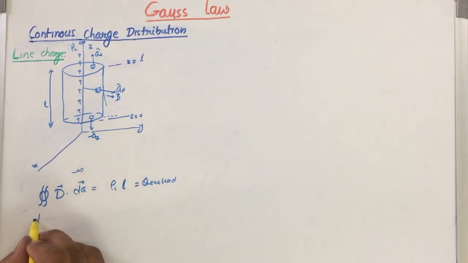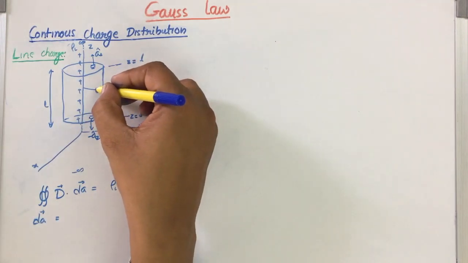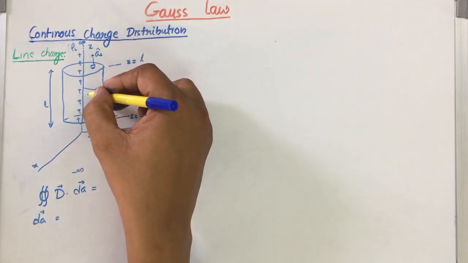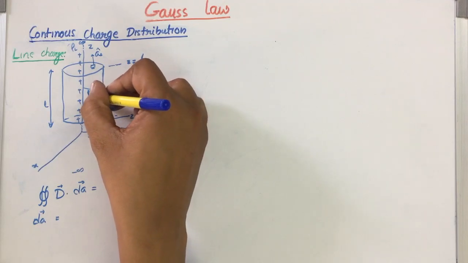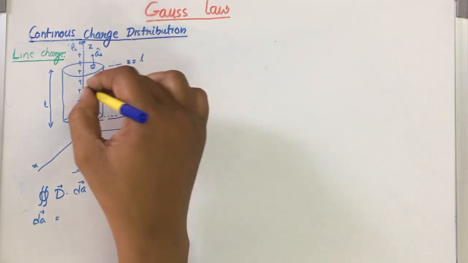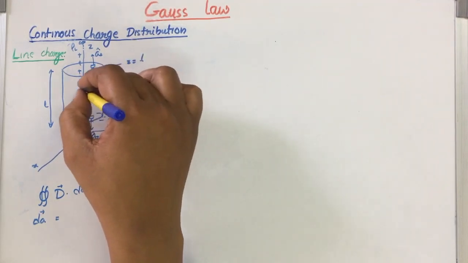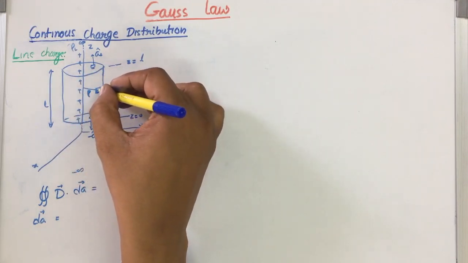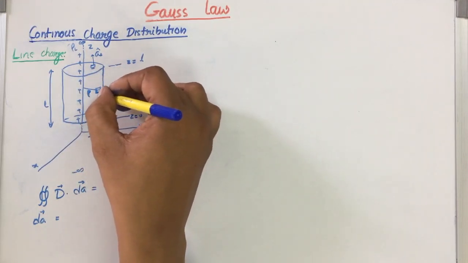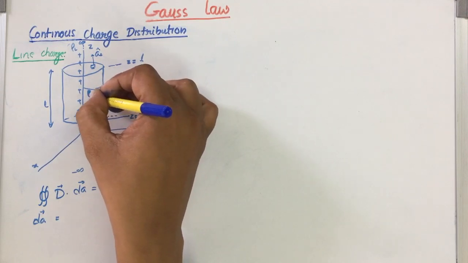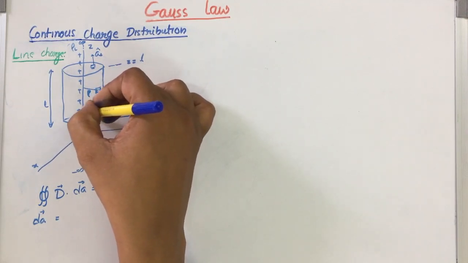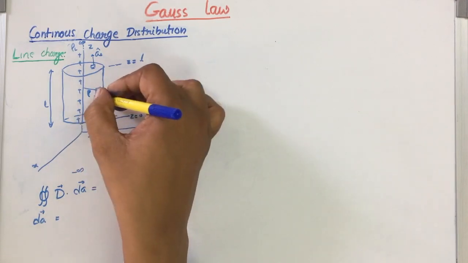So let us try to find dA in this case. This is rho, the radial vector, and the direction of rho is in the direction of a rho. If you are considering any point here, then this angle is phi, so the angle covered by this small area will be d phi.